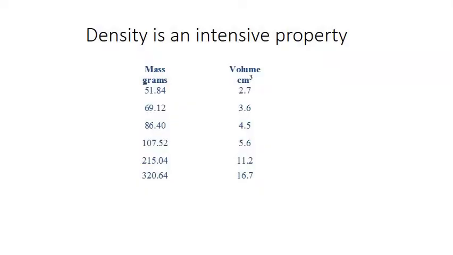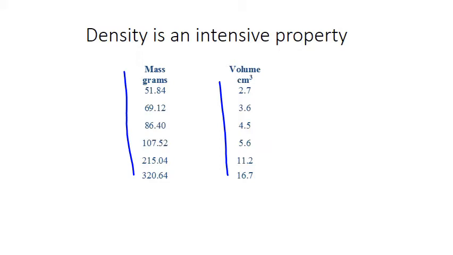One last point about density. It's an intensive property. This means that its value only depends on the identity or composition of the substance, not how much you have. For example, I can take 6 different samples of gold, each with a different mass and a different volume. The larger the sample of gold, the larger the mass and volume.